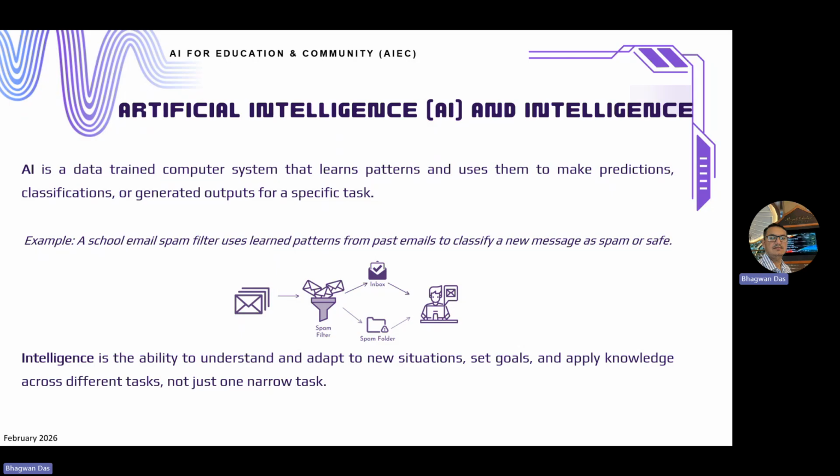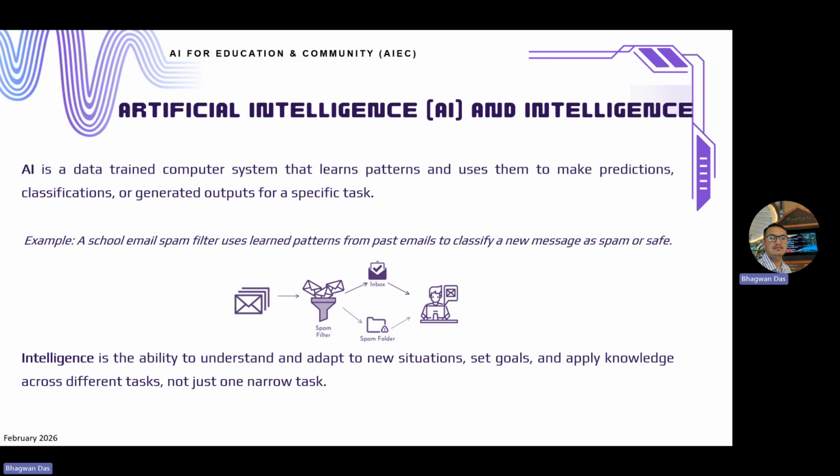Previously, the example we saw from artificial intelligence described a learning pattern for recognizing emails as spam or junk. Intelligence goes way beyond that, where the AI system understands things and adapts to new situations.